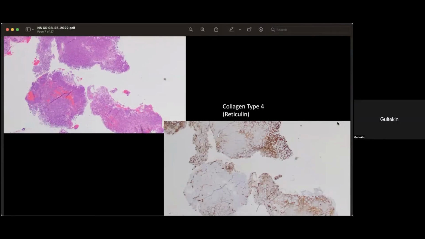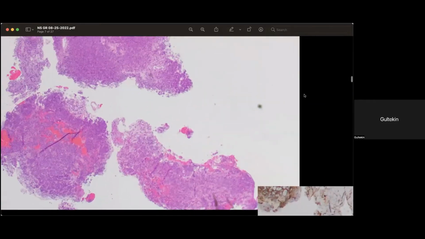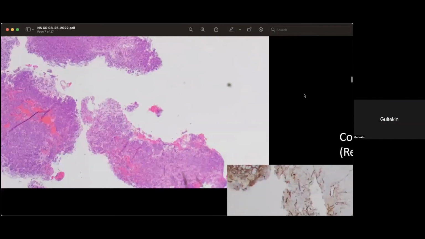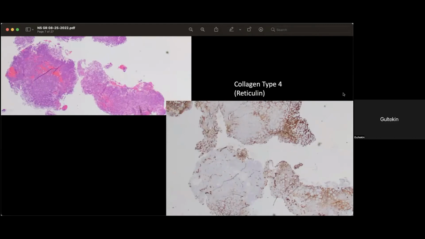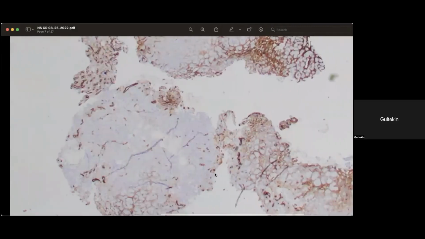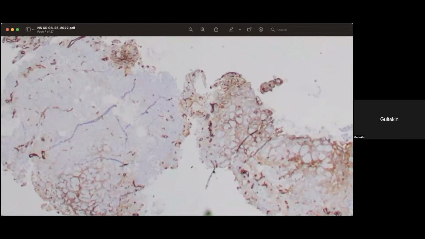So this shows you on the left upper corner the H&E low power. Obviously, there's a cellular lesion in these three different pieces of tissue. And if you go to the other image on the right side, that shows you the reticulin stain. You can see there's acinar preservation on the right side of the picture, and the acinar structures that have been preserved on the right side are lost on the left side.